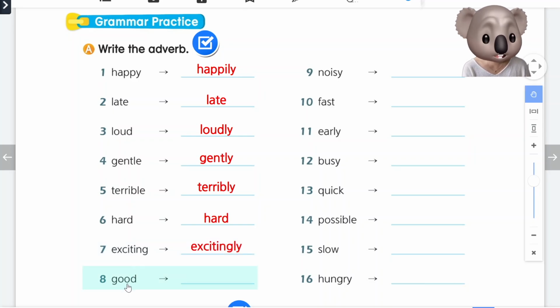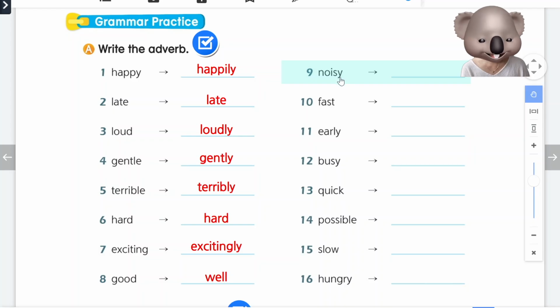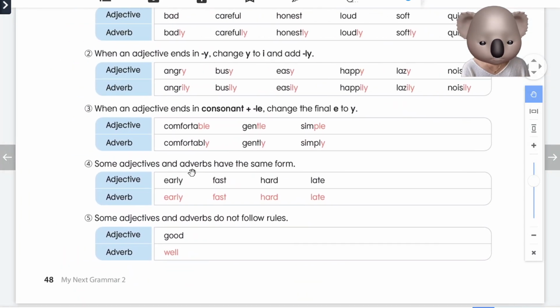Number 8, good. This one was an irregular adverb. She sings good가 아니라 she sings well. Very nice. Number 9, noisy. Y to I-L-Y. Noisily.